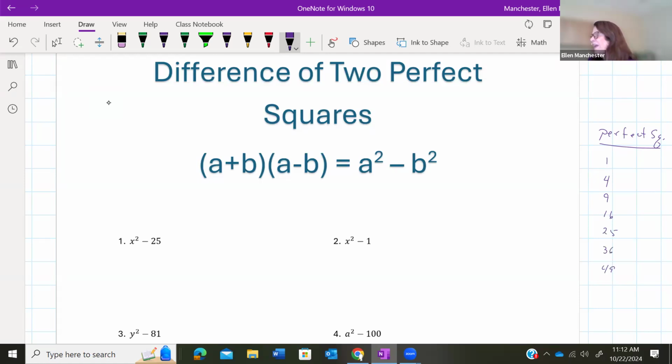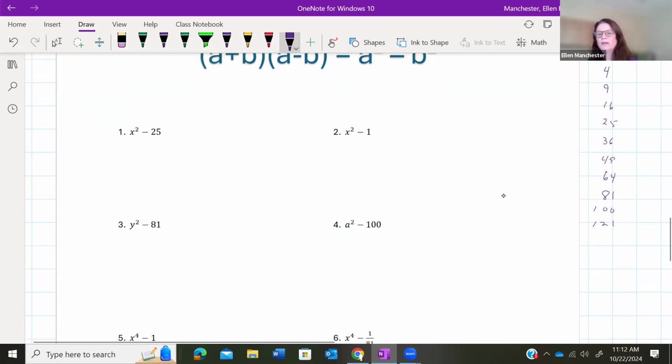In my head, I'm doing 5 times 5, 6 times 6, 7 times 7, 8 times 8 is 64, 9 times 9 is 81, 10 times 10 is 100, and then we have 121, which is 11 times 11, 12 times 12 is 144, 13 times 13 is 169, 14 times 14 is 196, and 15 times 15 is 225. These are the top 15 perfect squares. These are the ones you'll see the most.